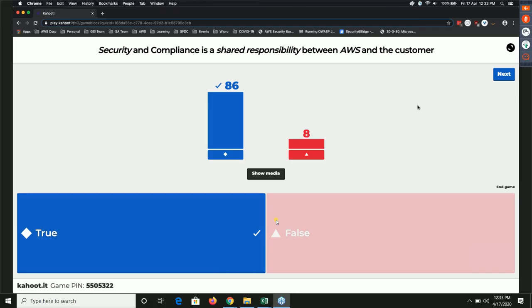In functions, the internal container layer and all of that is AWS's responsibility. Responsibility for securing your function code as well as the environment around it with IAM and other tools, right? So yes, the level changes, but it is still a shared responsibility.